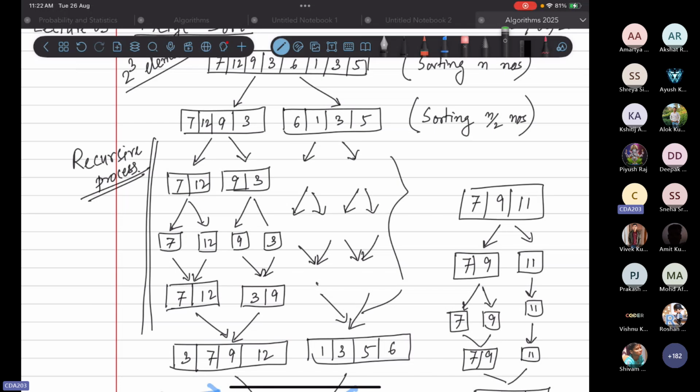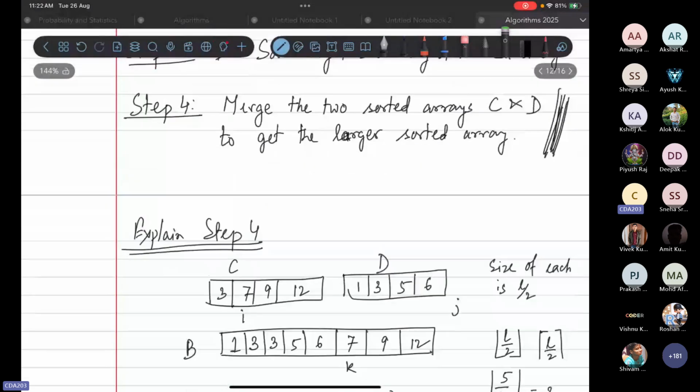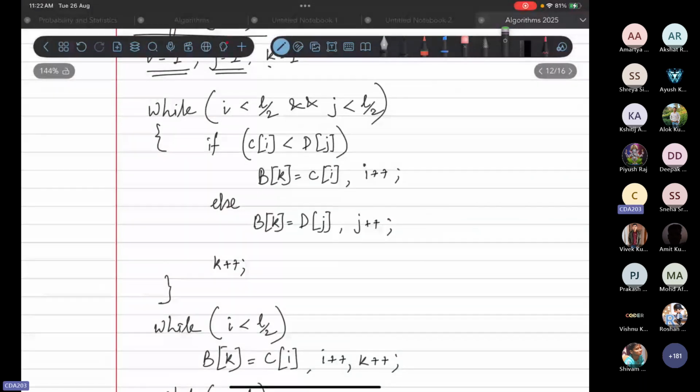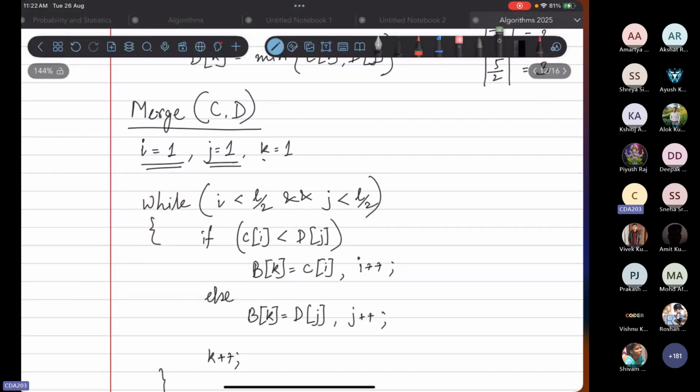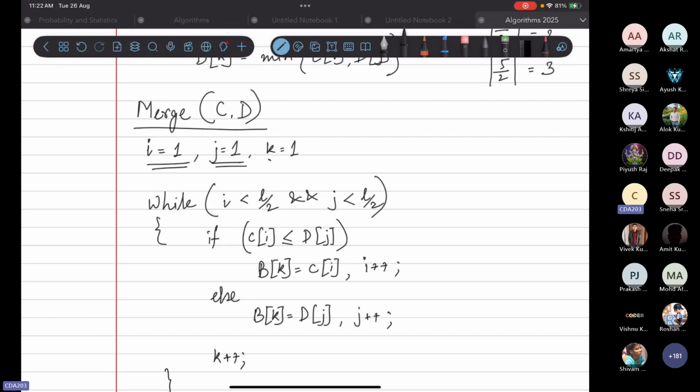Okay. So these indices, once you understand this process, I think you can handle on your own. Okay. Yeah, what's the other question? If Ci is equal to Dj, there is no condition for this. Oh, okay, I understand. So you can do it this way.